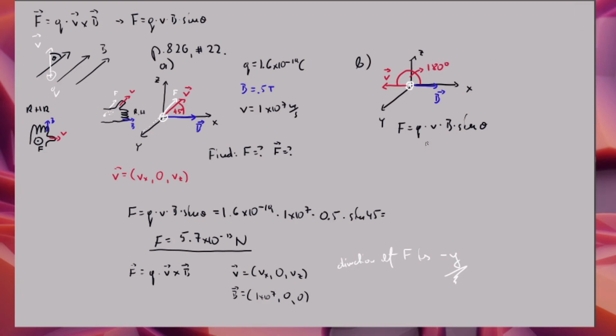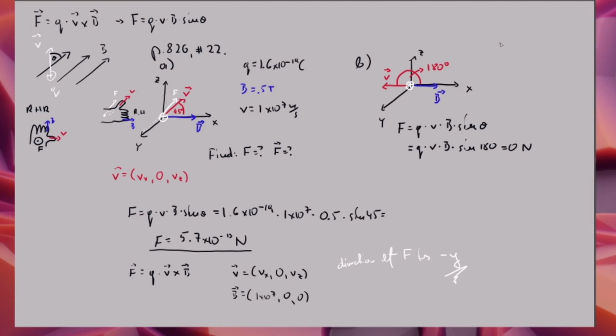So whatever you have for Q, for the actual speed, for the strength of the magnetic field, all of this is multiplied by the sine of 180. And the sine of 180 is 0, so you get 0 newtons. As far as the direction is concerned, there is no direction of the force because there is no force. So part B is done.